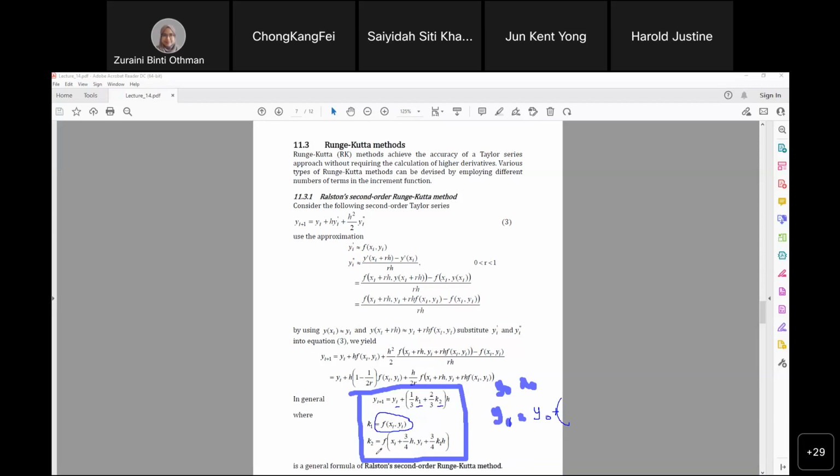And what is K2 ialah persamaan pembezaan yang diberi by using this formula.